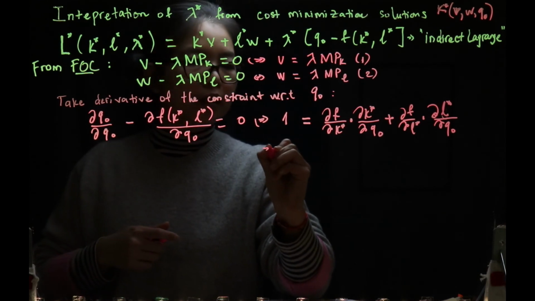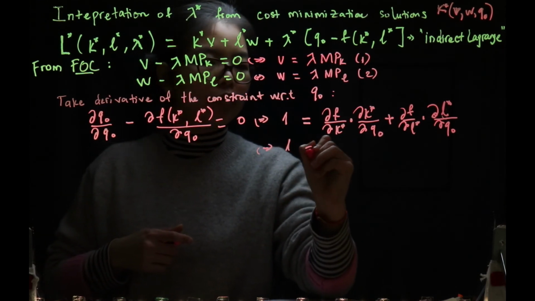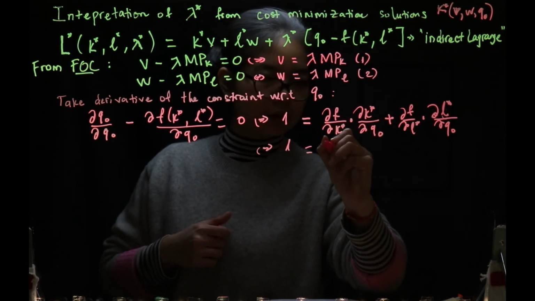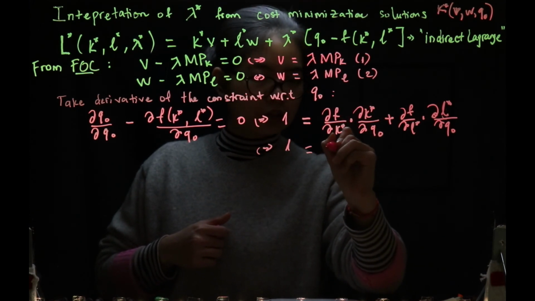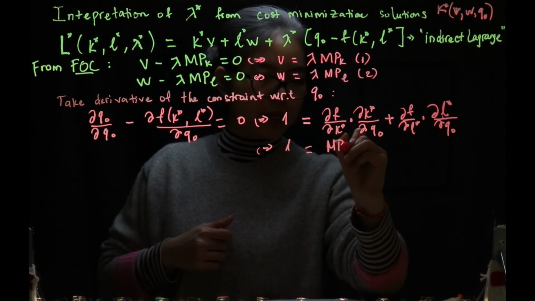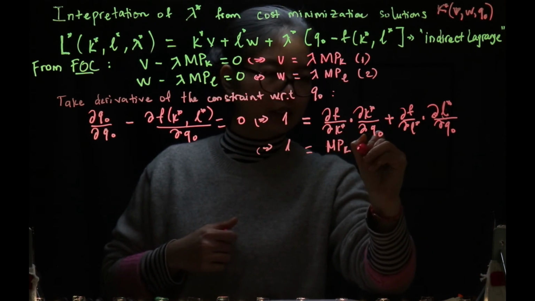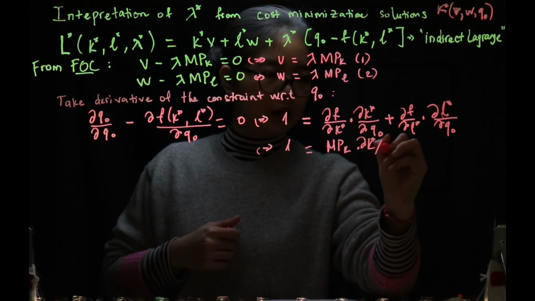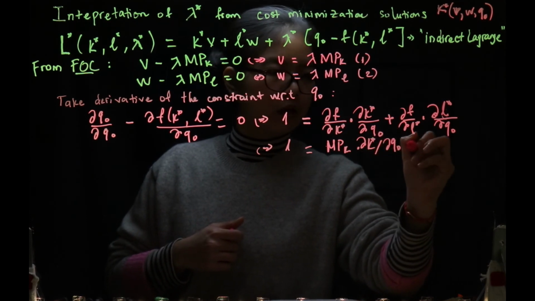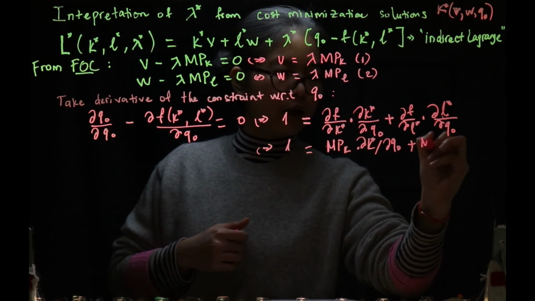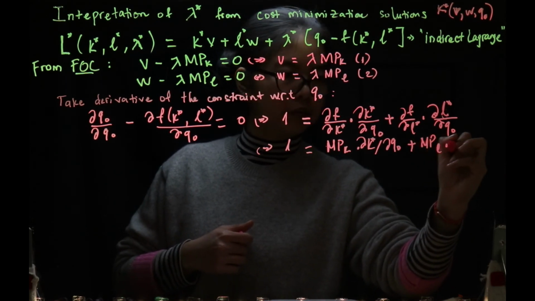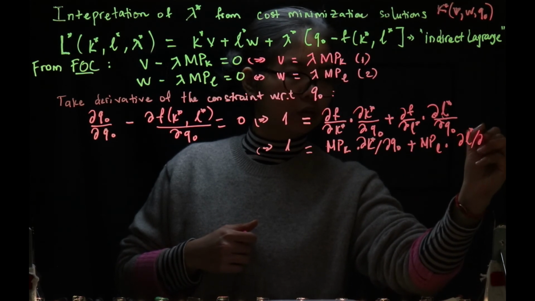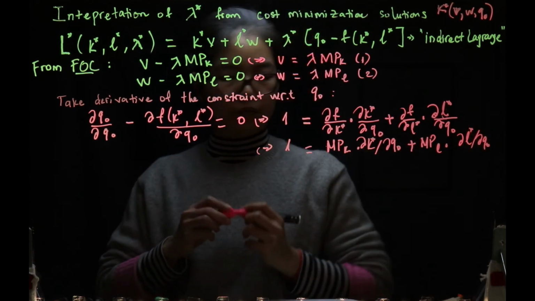Here we can already write that the partial derivative of f with respect to K star is nothing else than the MPK, times the derivative of K star with respect to Q0, plus again MPL times the partial derivative of L star with respect to Q0.